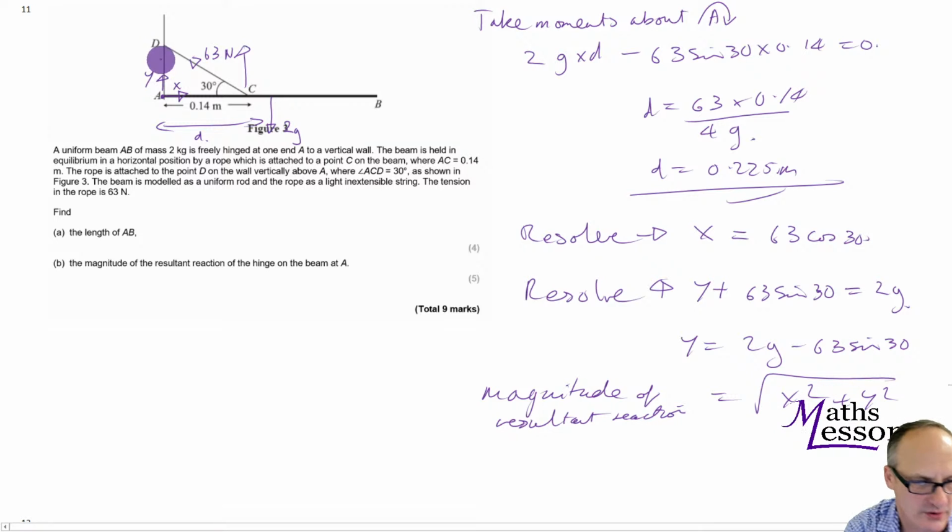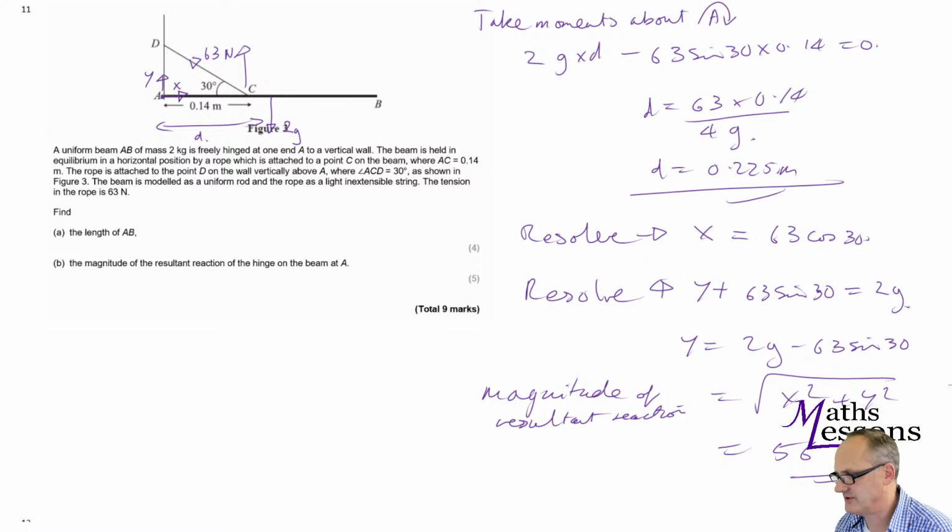So you've got your x component going that way and your y component going that way, and therefore the reaction is going to be somewhere between them, and it's going to have that magnitude. So you just type all of that into your calculator, square each of them, add them together, square root, and you get 56 newtons as your answer.